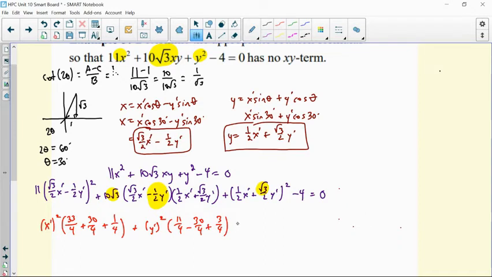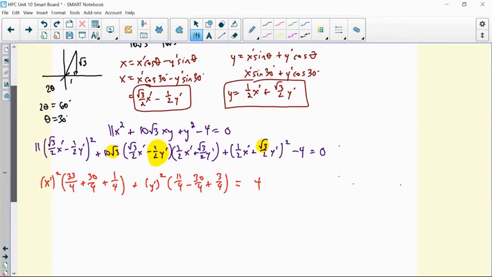I might as well just throw it over to the other side. So say it equals 4. Sorry, that should say equals 4. So let's keep track of what we have. We already said we've got 64 fourths, which is 16 for the x prime squareds. And then for the y prime squareds, equals 4.